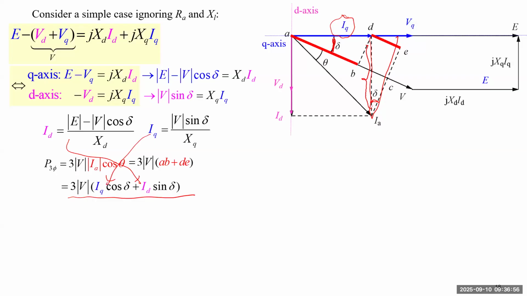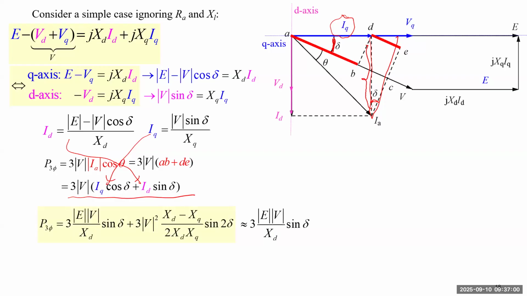You only need to do a little simplification, and you can easily get this accurate formula to calculate the three-phase active power for a salient rotor generator. The difference compared with the round rotor generator is only the second item. The first item is exactly the same, but you need to utilize XD instead of XQ.